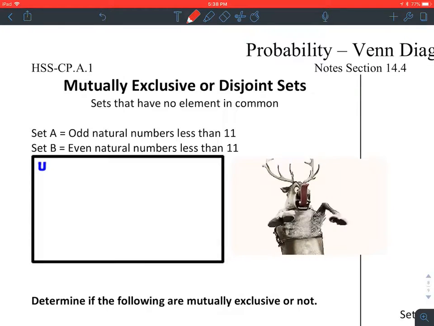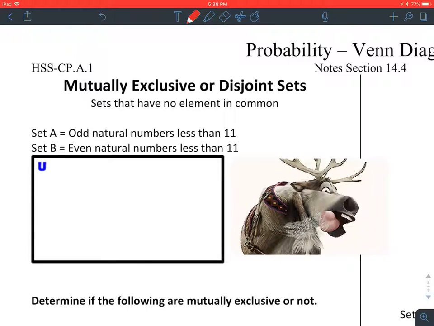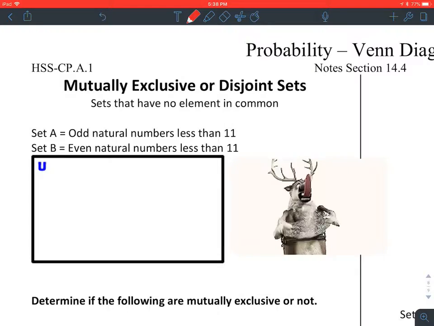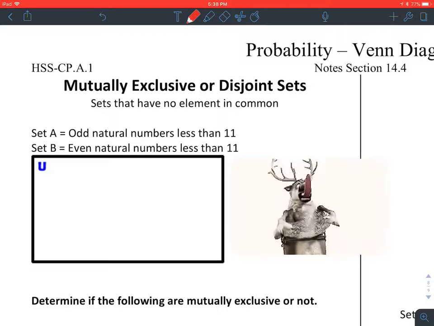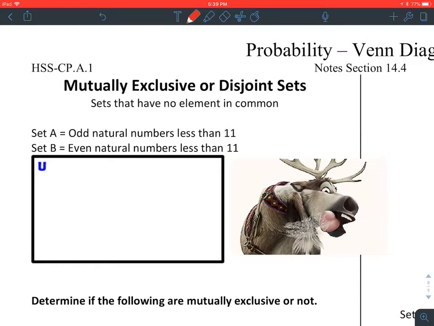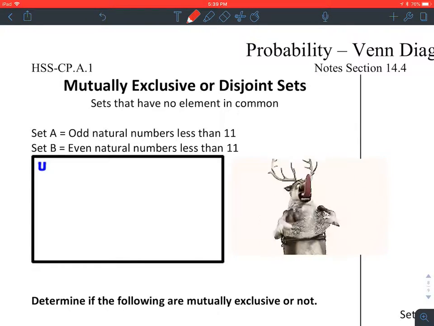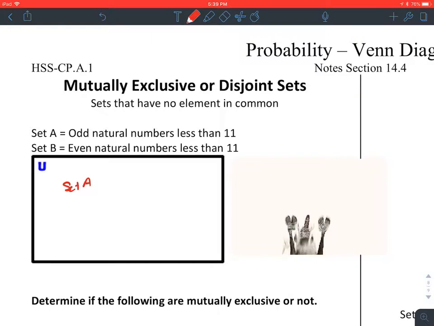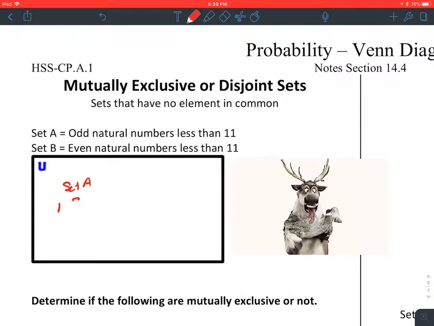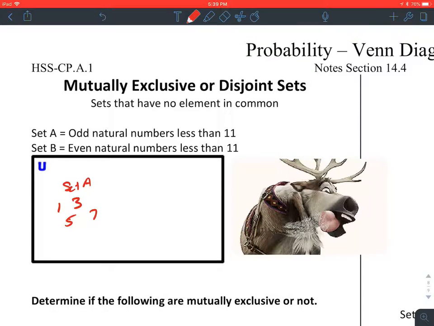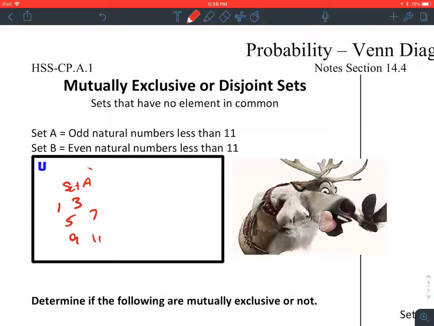Natural numbers start with 1, and then it goes 2, 3, 4, 5, etc. Whole numbers include all the natural numbers and 0. So set A, the odd natural numbers less than 11. So we've got 1, 3, 5, 7, 9, and 11.